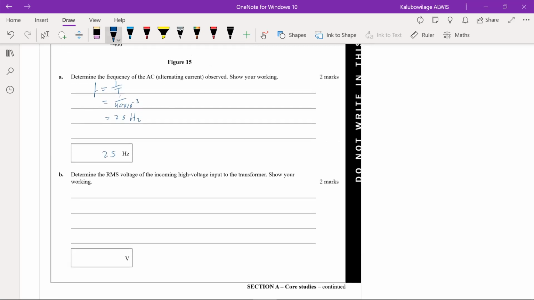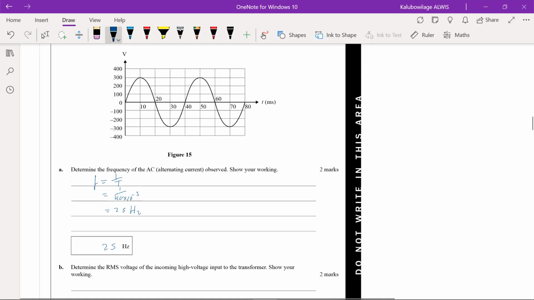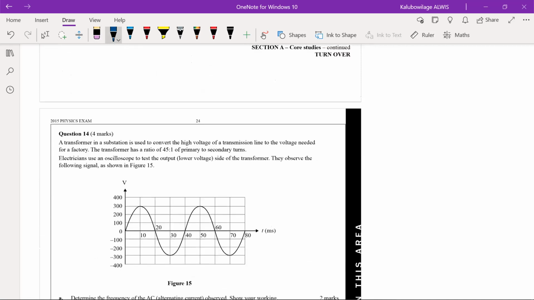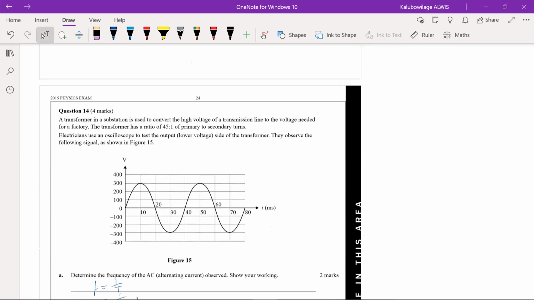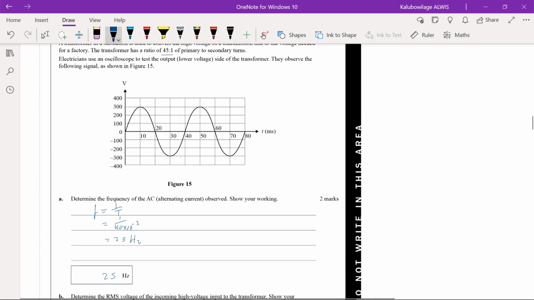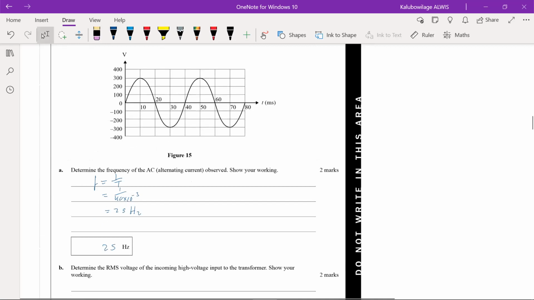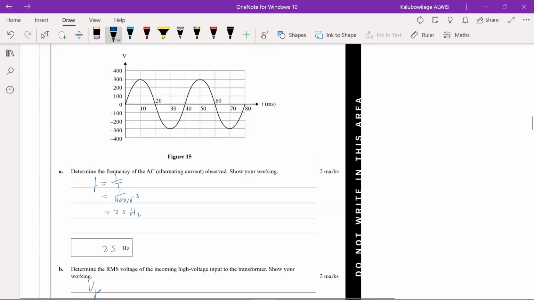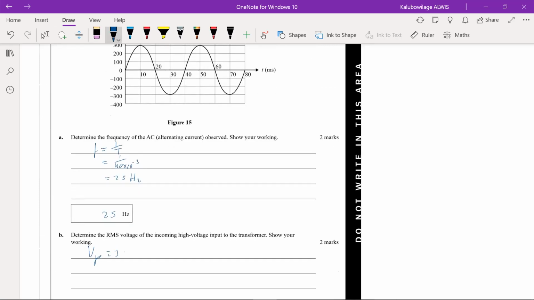Determine the RMS voltage of the incoming high voltage. So this voltage is the output. I need to find the input. It's 45. So the input, we peak. Output is 300. To find the input, use the ratio.